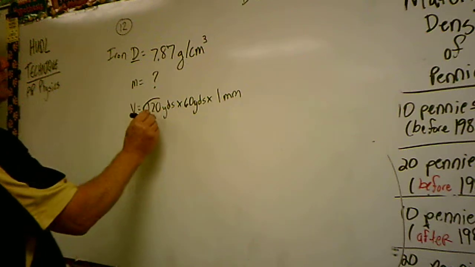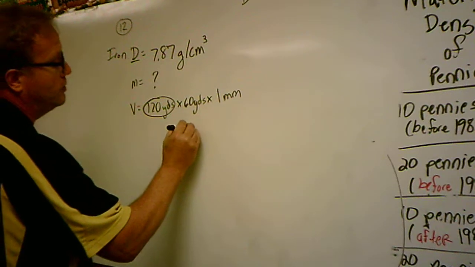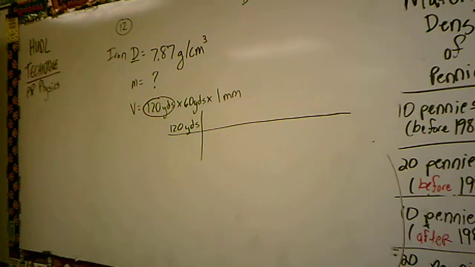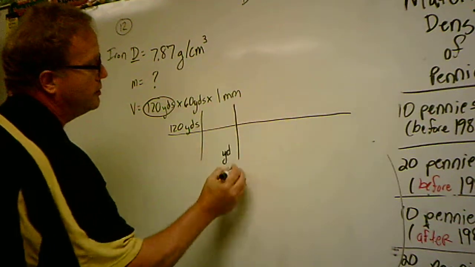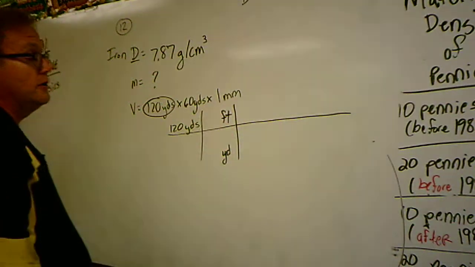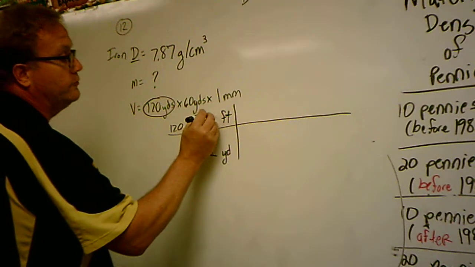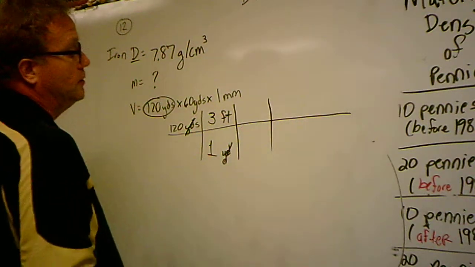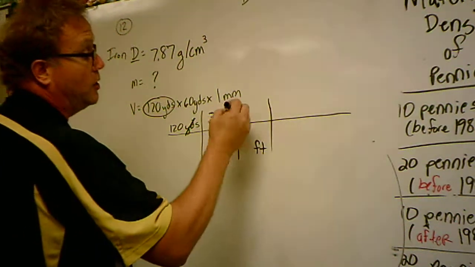So the first one I'm going to deal with is this one. Again, we're going to use a conversion chart. We got 120 yards, and then we're going to follow pattern. Well, if I have yards top, my canceling will be yards bottom, and my next smallest unit is going to be feet. We know that yards is the big one, so we give the big one the 1, and we know that our conversion factor is 3 feet equals 1 yard. Cancel, cancel. Follow pattern, feet at the top, feet at the bottom. Next smallest unit is going to be inches.